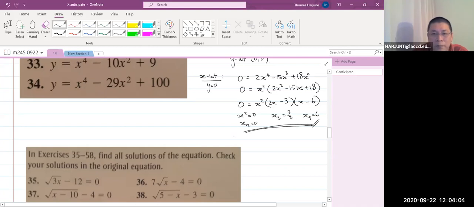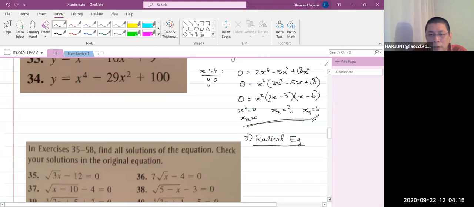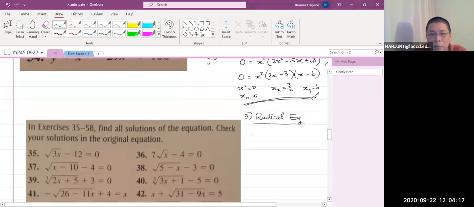Now, the next type, the third one, radical equation. Idea: square root of blah equals blah.